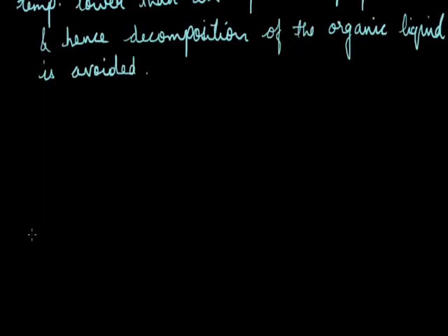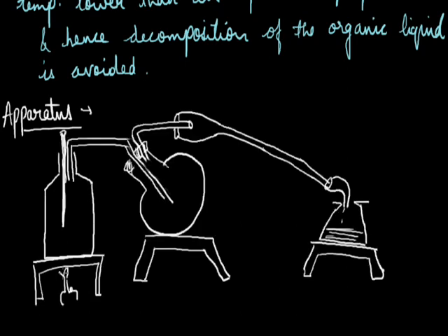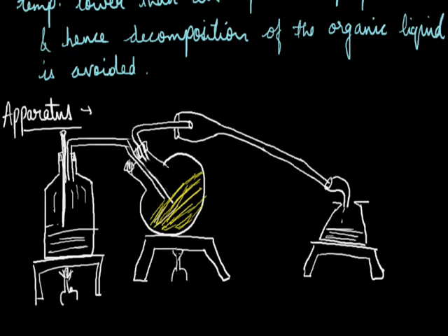The procedure, what we see, is that steam is passed. Okay, for that there is a steam generator. We'll see the apparatus arrangement. From here it is heated and the steam is rising, and it passes into this round bottom flask, which is also heated here.